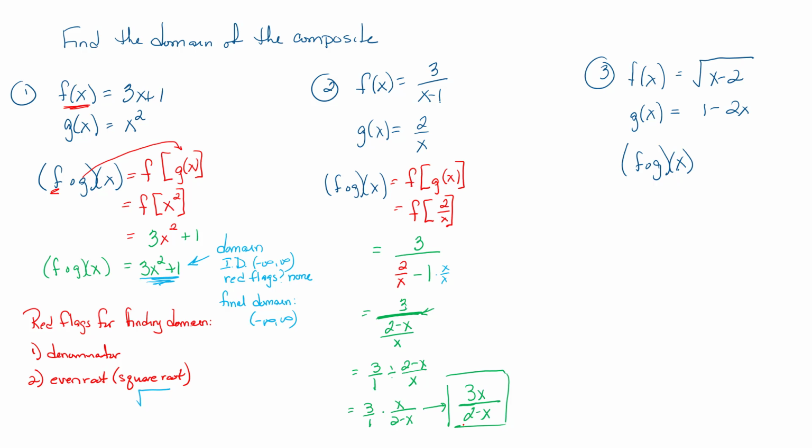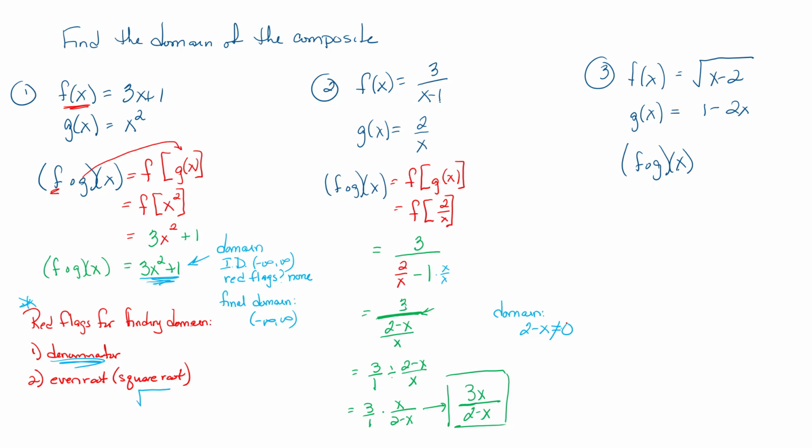Now, I found the composite, and they would like us to now find the domain of this. Well, according to our red flags over here, I actually have a denominator in this case. And my denominator is 2 minus x. And my denominator can never be equal to 0, right?